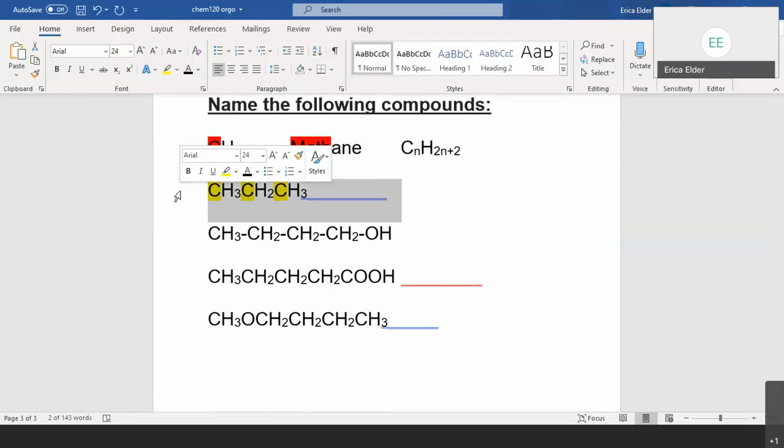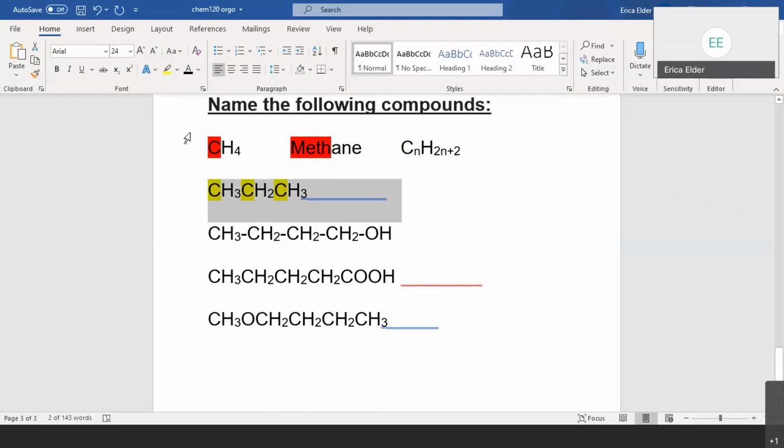Also, if we take a look, every bond that these carbons can make is filled with a hydrogen. There are no anomalies like oxygens or nitrogens in this process. We know that we're going to be dealing with an alkane.